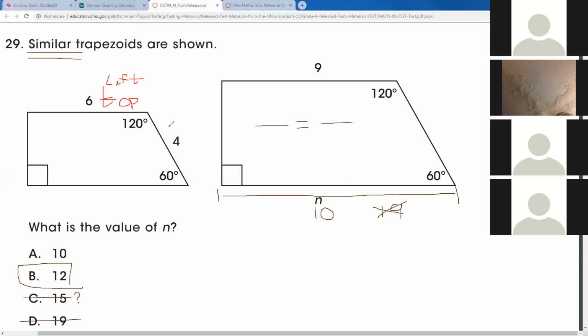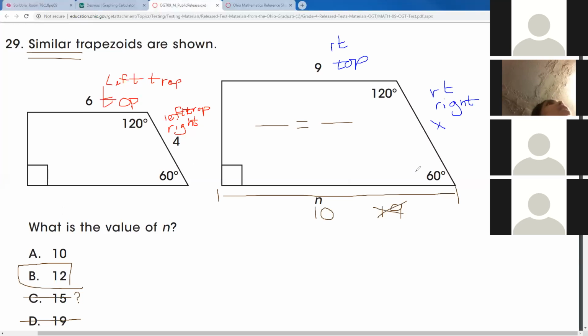And the 4 is the right side of the left trapezoid. And then the 9 is still the top, but of the right trapezoid. I'm going to say RT for right trapezoid. And then this side we don't know matches up. It's the right side of the right trapezoid.